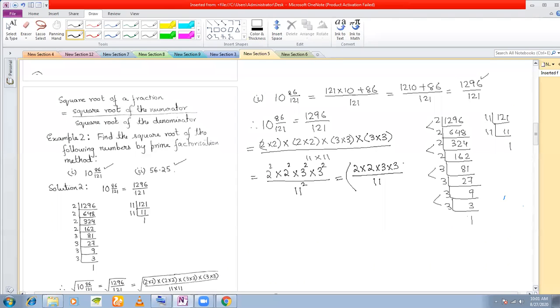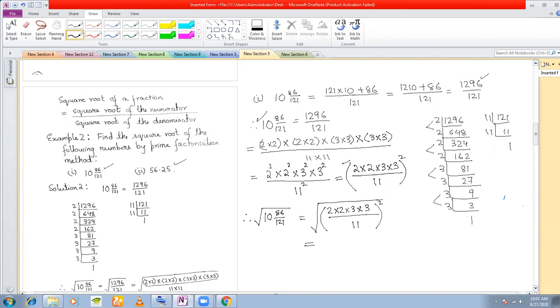11 and a whole square. So therefore, we have got 1296 by 121 is equal to this. So therefore, square root of 1296 by 121 is equal to the square root of this. What should be the square root?